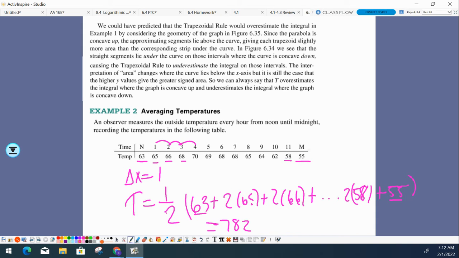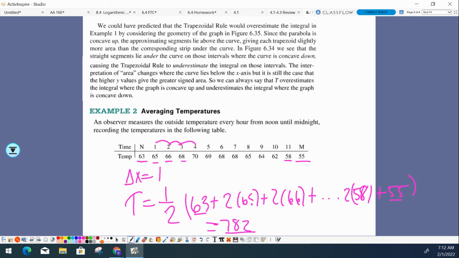But be careful. This is the trapezoidal rule, finding the area underneath the curve. This wants us to find the average. It doesn't actually say, but it should have a question in here that says, what would the average temperature be? Well, this is not the average temperature.